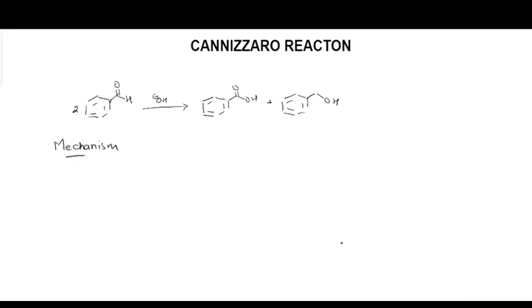In this video, we're going to talk about the disproportionation of benzaldehyde to yield benzoic acid and benzyl alcohol. So let's see how the mechanism works.